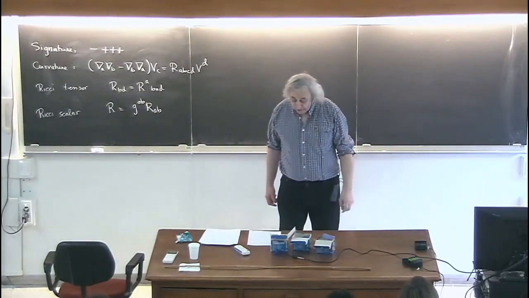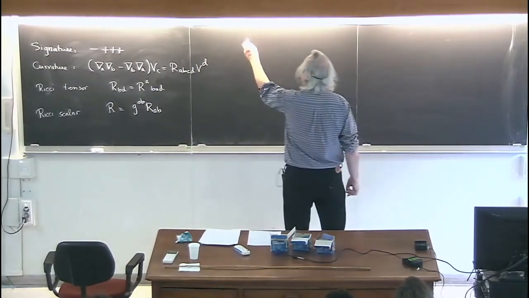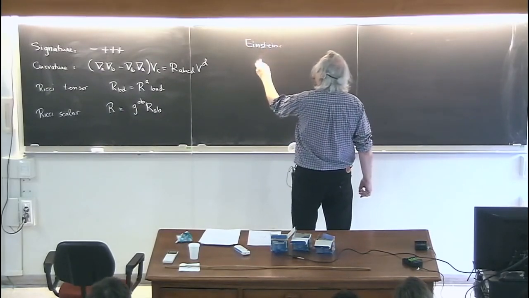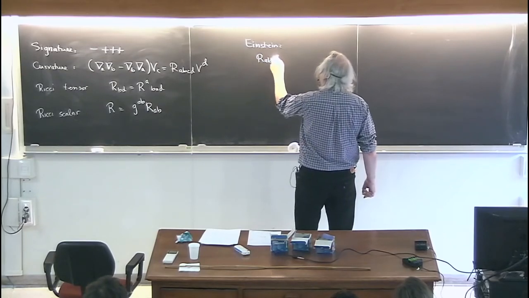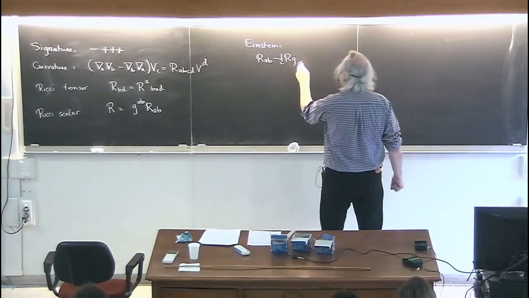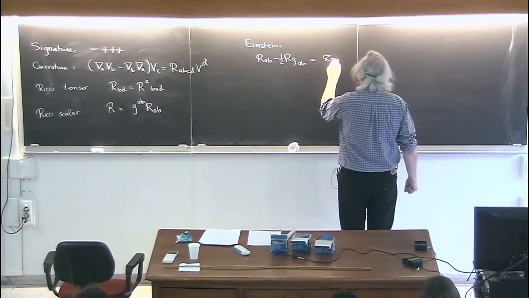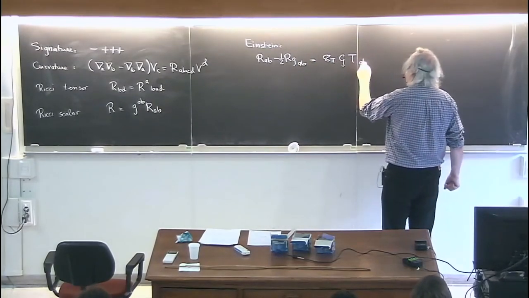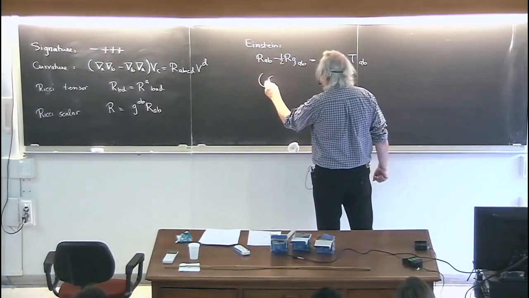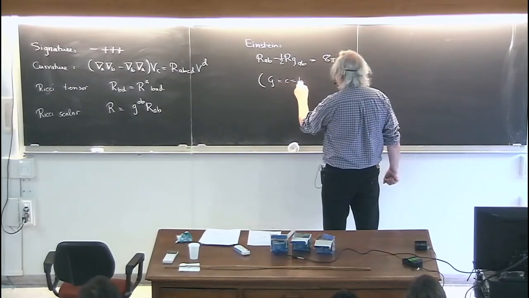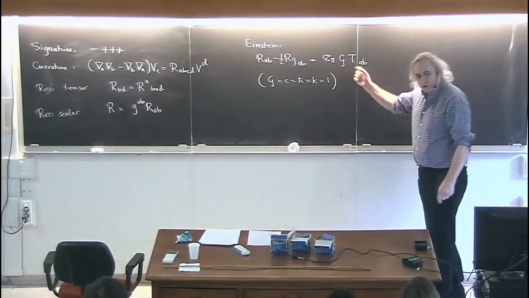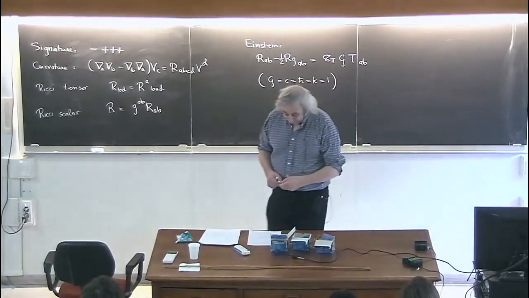And lastly, the Einstein equations are just going to be R_AB minus a half of R g_AB equals 8 pi times Newton's constant times T_AB. I will usually use units such that G equals c equals h bar equals Boltzmann's constant equals 1, usually. But I put the big G in here just to keep track of things.